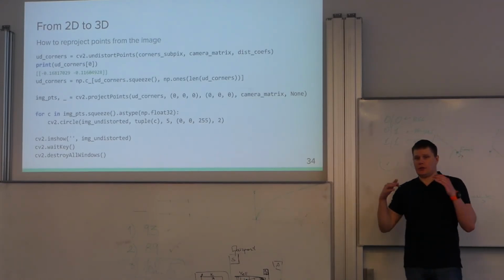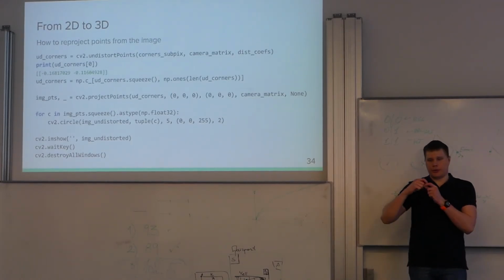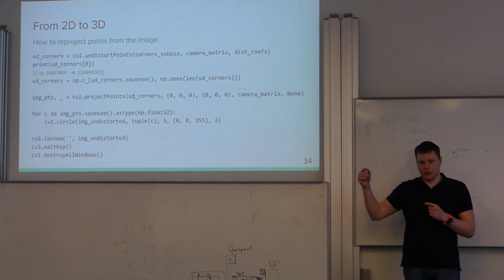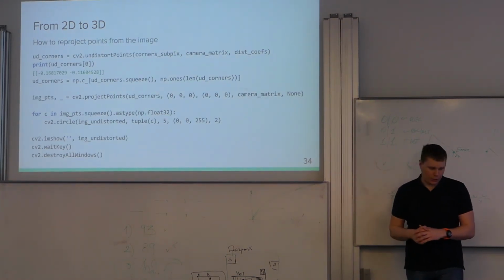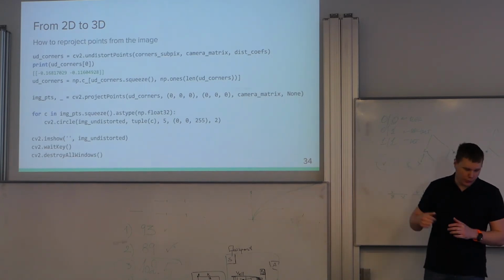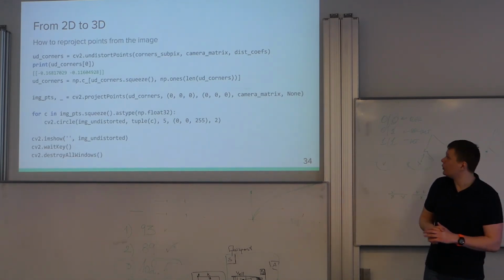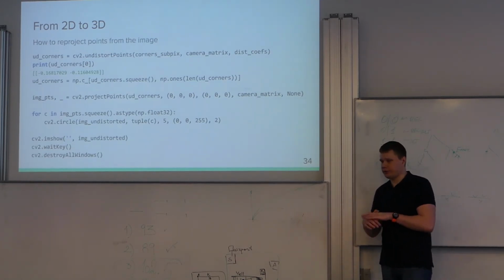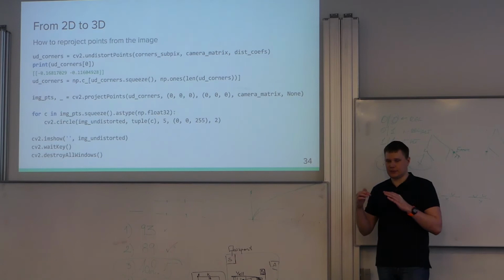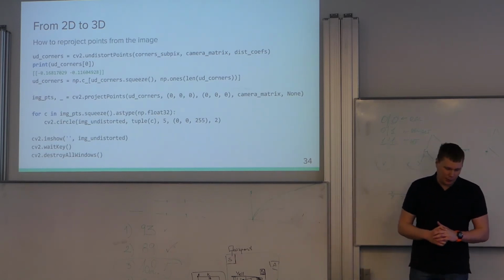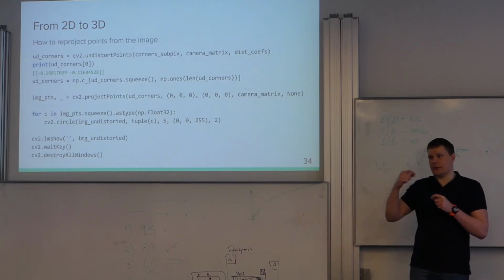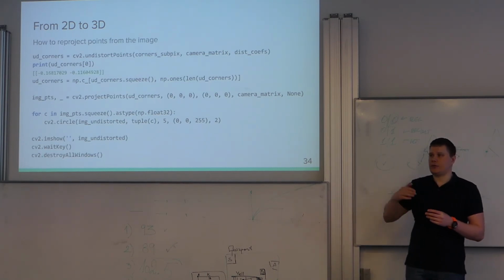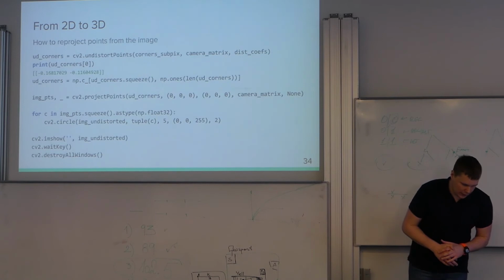As I said, there is a possibility to restore this ray from the camera coordinate system to the actual 3D object point. And we can do this with undistort points. Yes, the name of the function does not tell about its purpose. It actually undistorts points from the image, but it also returns them in homogeneous coordinates.